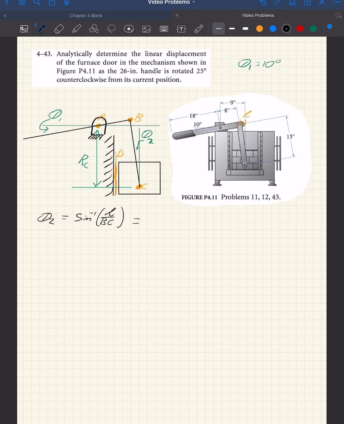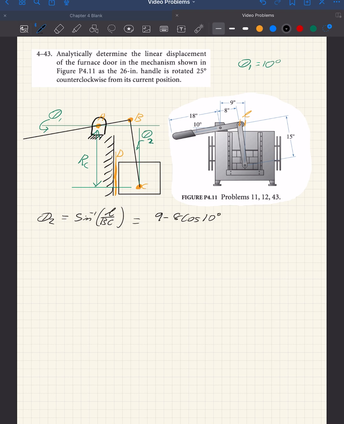If we expand this to find length L, easy enough, we can remember some trig, making things into triangles: 9 minus 8 cosine 10 degrees.